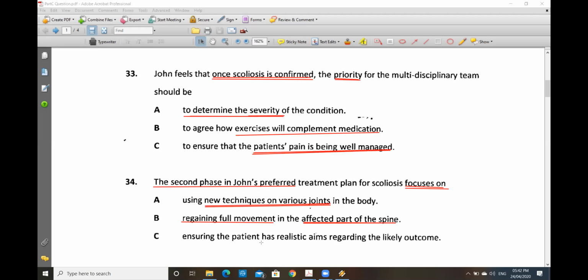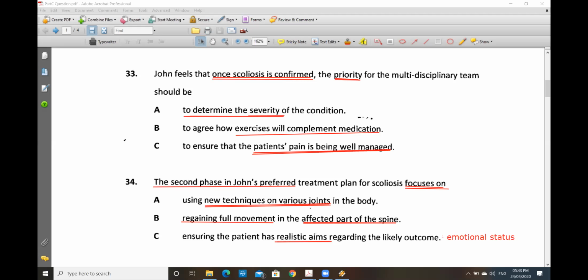And C says ensuring the patient has realistic aims regarding the outcome. This talks about the emotional status. Do we have to focus upon the patient's emotional status, new techniques on various joints, or just the affected part of the spine to regain its full movement?